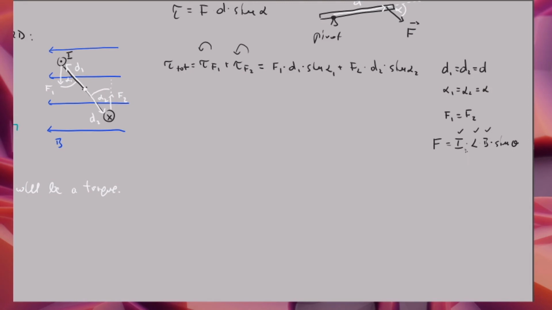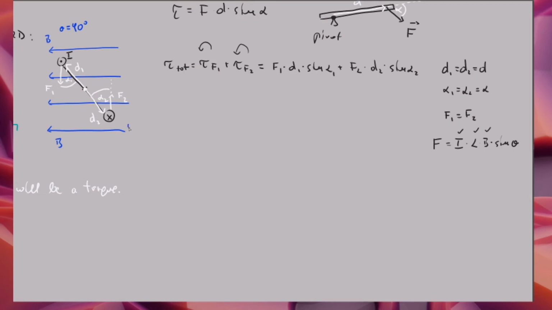So let's see if we can make sense out of that. What is the angle between I and B? On the top, the magnetic field points to the left and the current comes out of the page. Therefore, the angle theta, which is the angle between B and I, is 90 degrees. On the bottom, the current points into the page and the magnetic field points to the left.